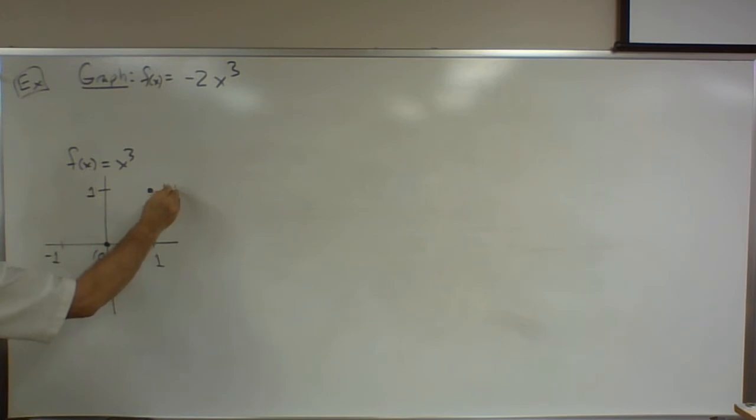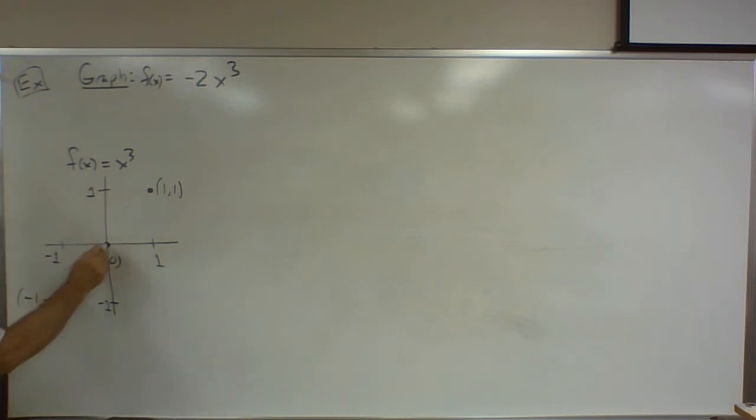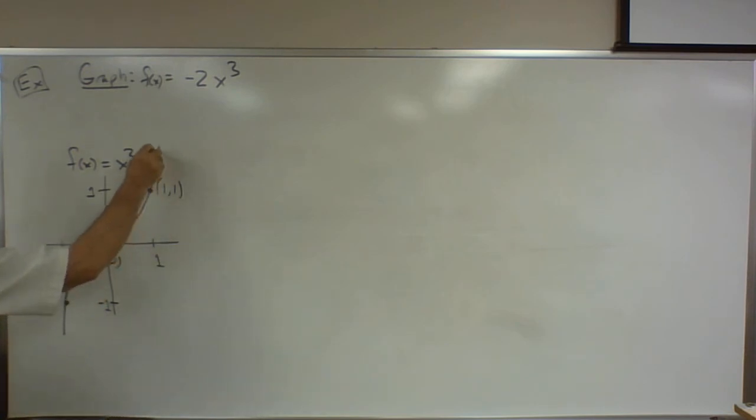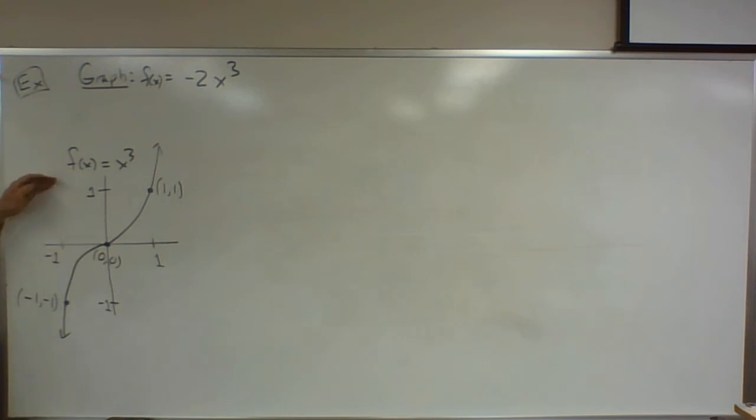And we remember the three key points that we use to draw this thing. Voila! The graph of f of x equals x cubed.